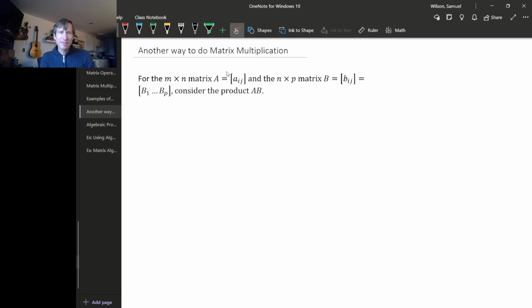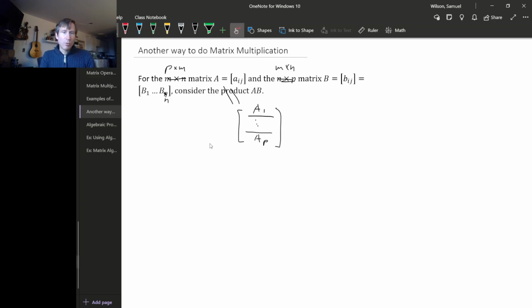Let's write A in terms of its rows, so rows A1 down to row A sub P. So this was P times M, this was M times N. That's the way we had it, and so B should go up to B sub N.